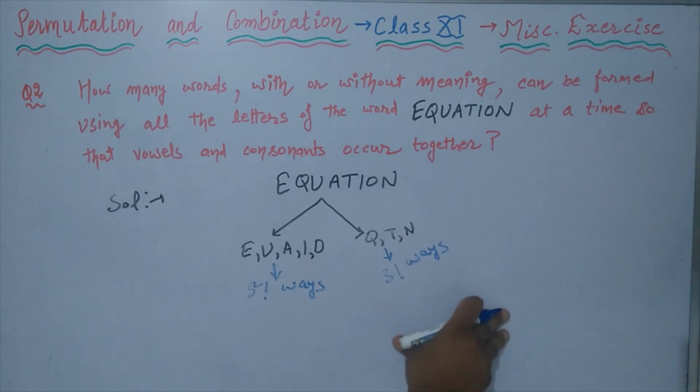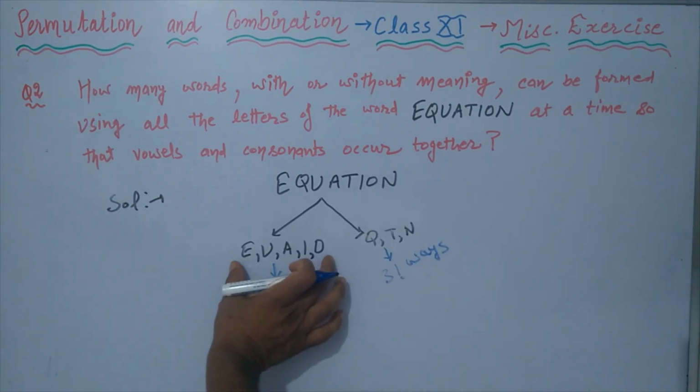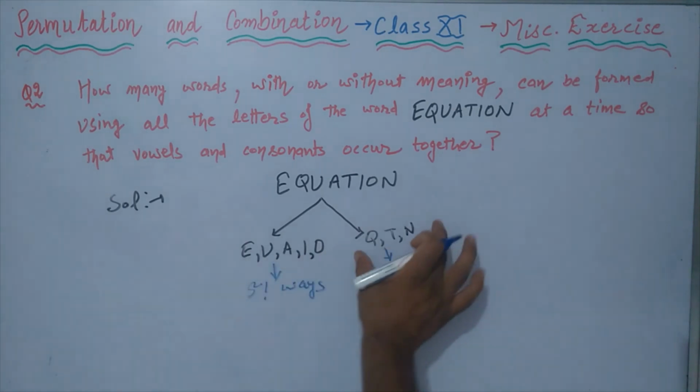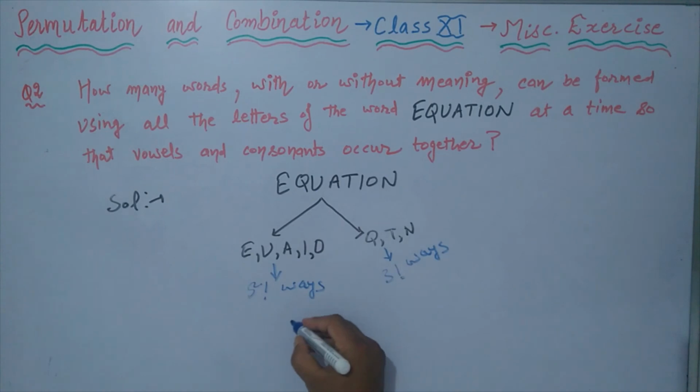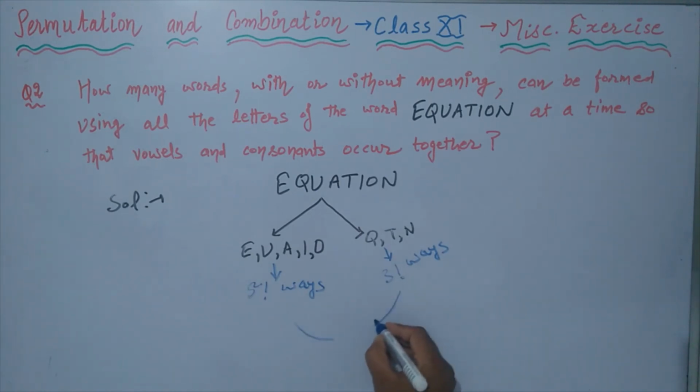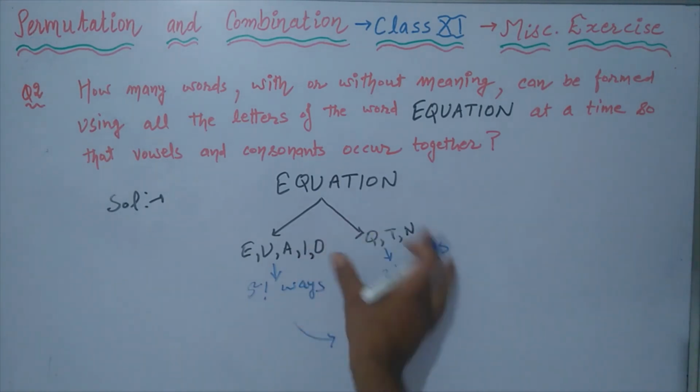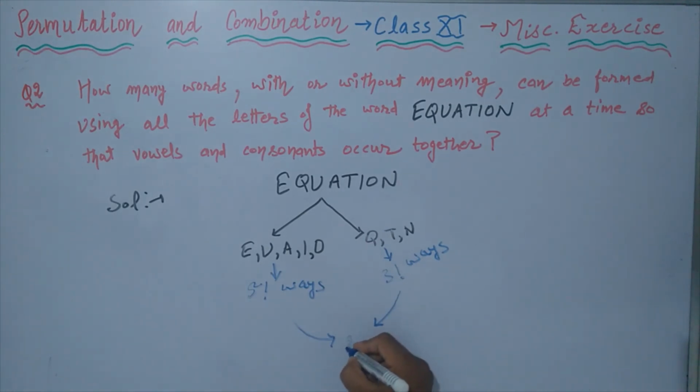Now question is, the set of vowels will be written before or the set of consonants? So these are two letters. So two letters, they again can be arranged in 2 factorial ways. Right?